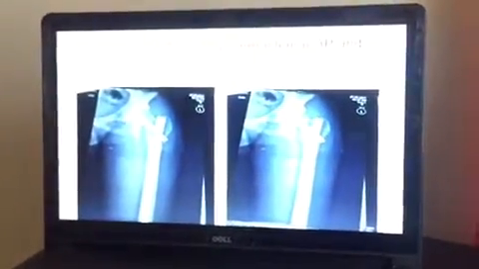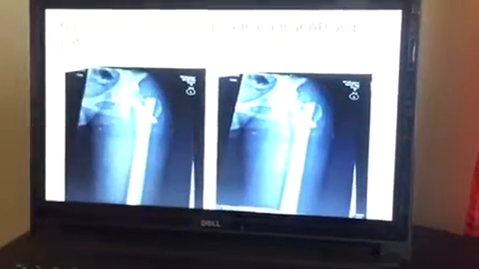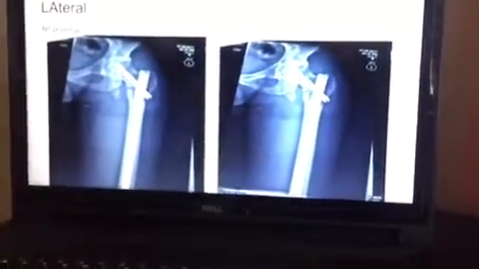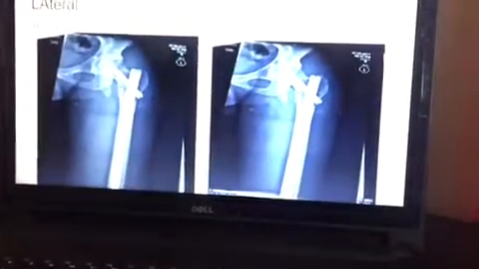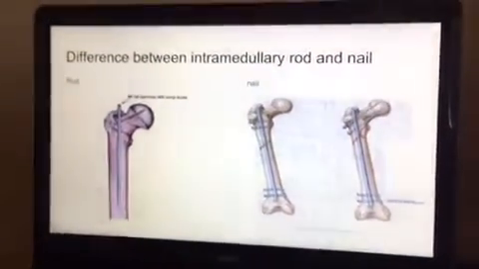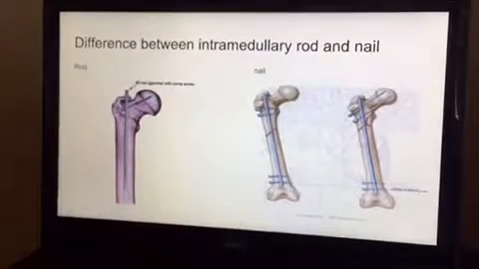The rods are simply cylinders. These are the rods. They are simply cylinders that are thinner and more flexible than nails. The nails are more rigid implants. These are the nails, and these are the rods.